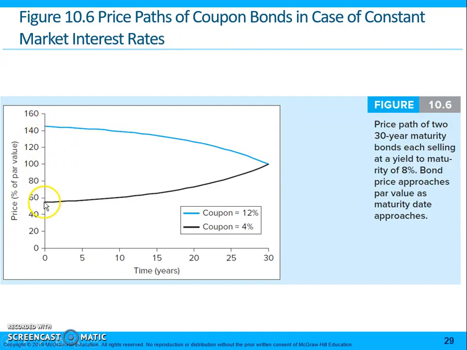The price of that 4% bond is below 60%. But as the years pass, the price of the 4% coupon bond increases. The price of the 12% coupon bond declines until at 30 years, the value of those bonds is going to be the same, the par value of those bonds.